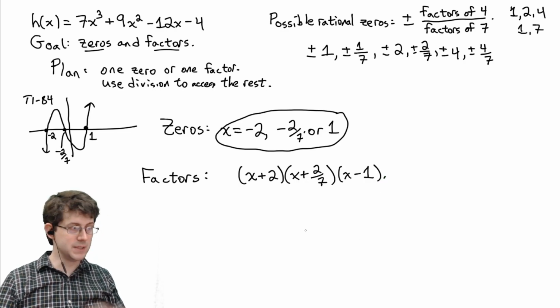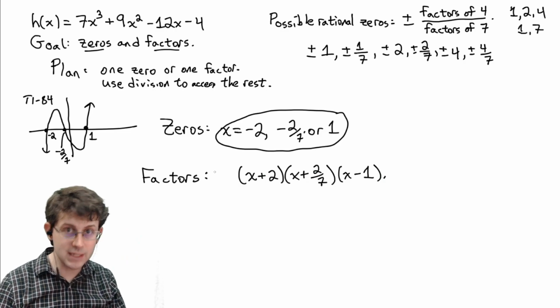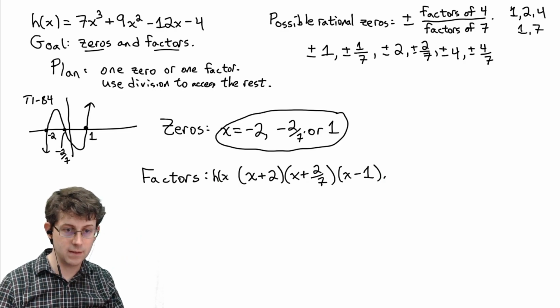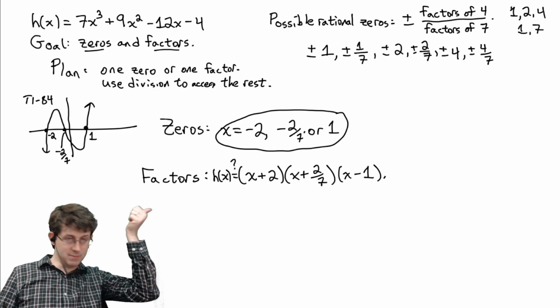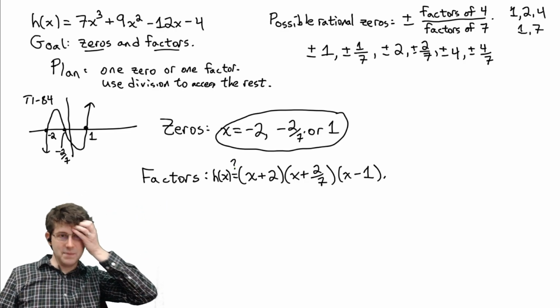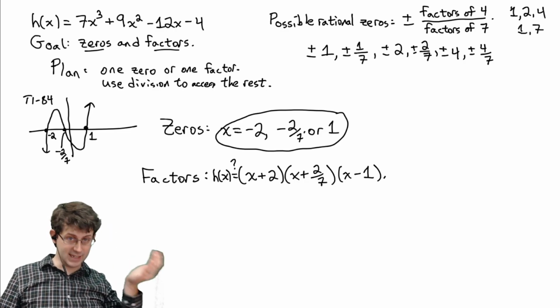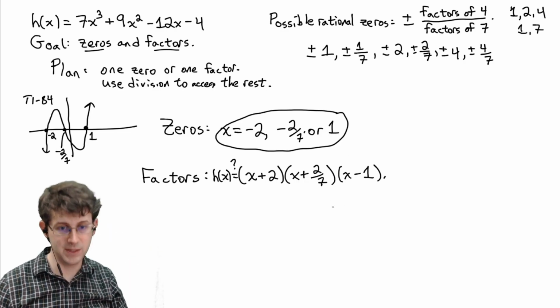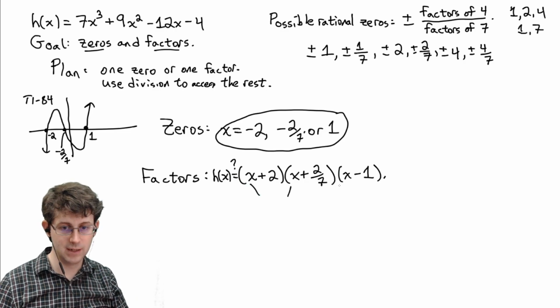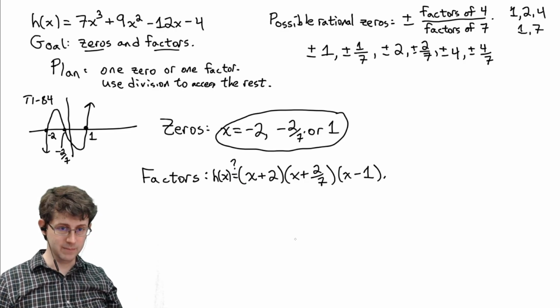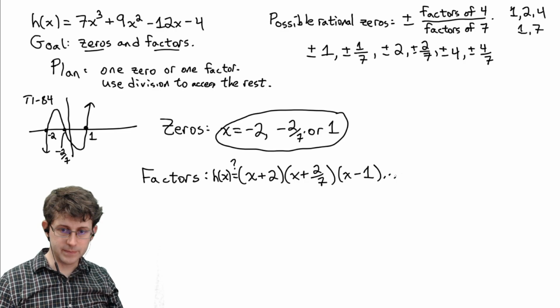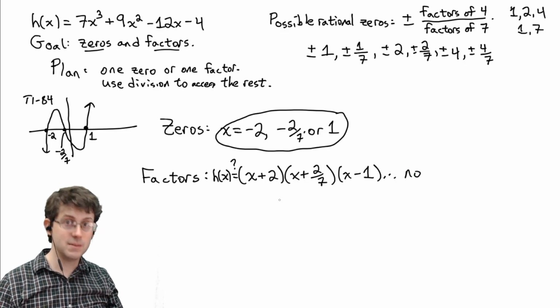The problem is if you multiply all these together, this cannot possibly equal h of x. If you actually multiplied those three factors together, you would get a leading term of x cubed, not 7x cubed. So you have to fix this slightly. You need to multiply by 7.